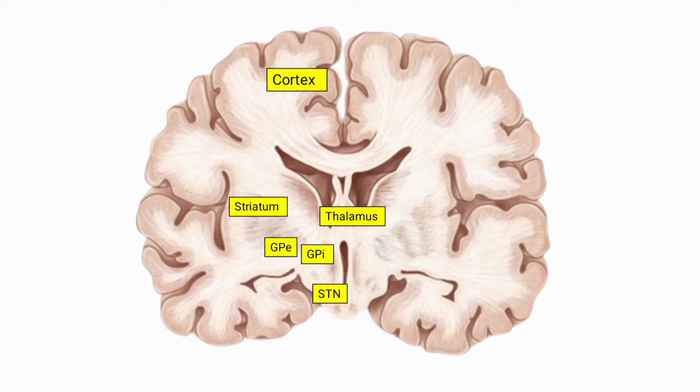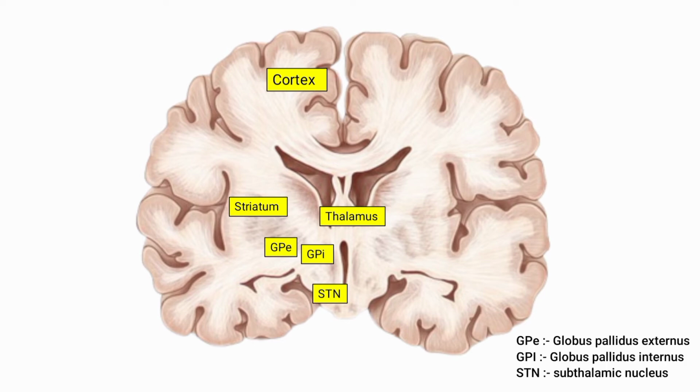So again the same concept, just here we have a different route. Starting with the cortex, we have our axons going to the striatum. They will act on the neurons in the striatum. Then from the neurons of the striatum, we have axons which, instead of going to the globus pallidus internus, will go to the globus pallidus externus.